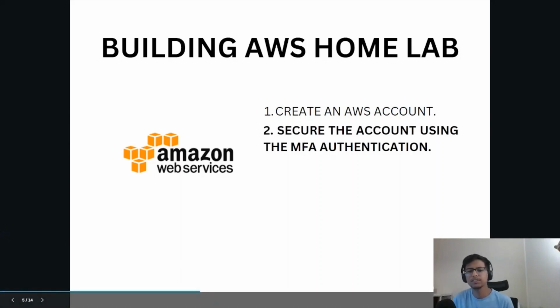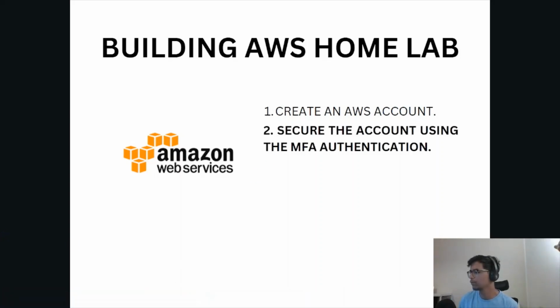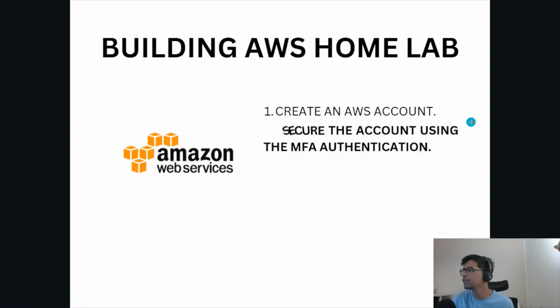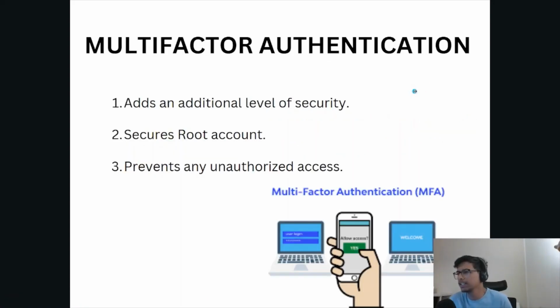So in this process, before we go and talk about what it is and how we do it, I want to just quickly talk about multi-factor authentication and why it is important. There are 3 main benefits that I could find while I use multi-factor authentication for many things.